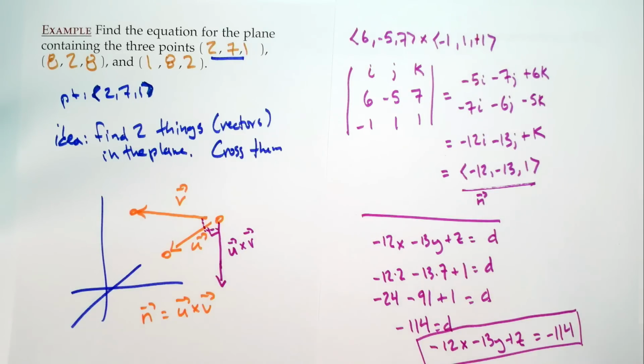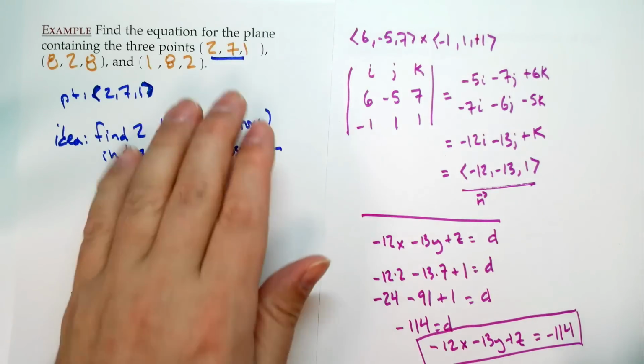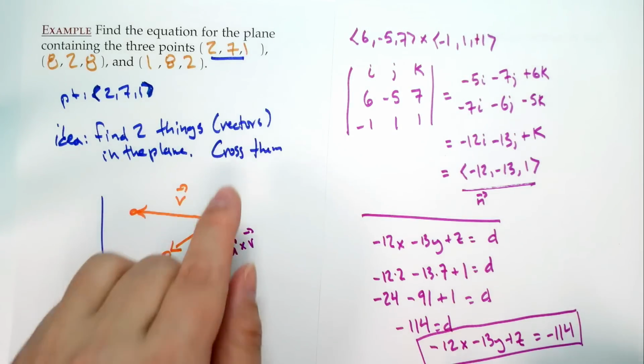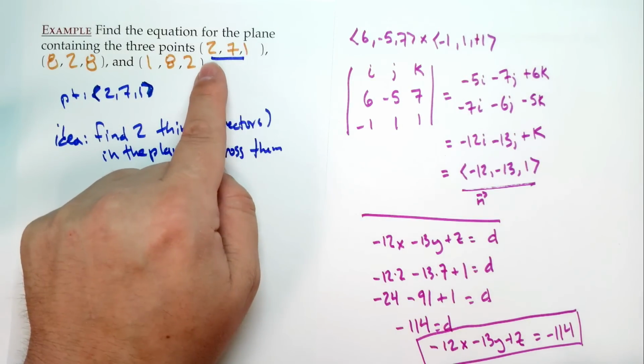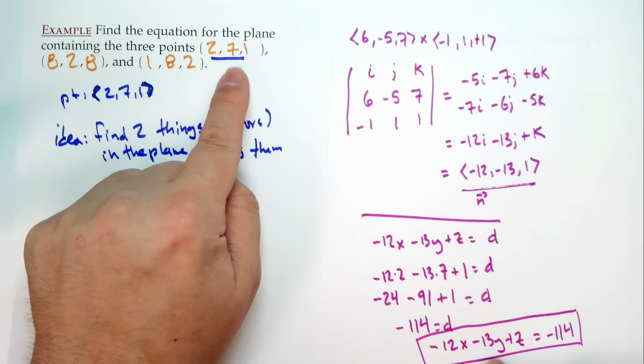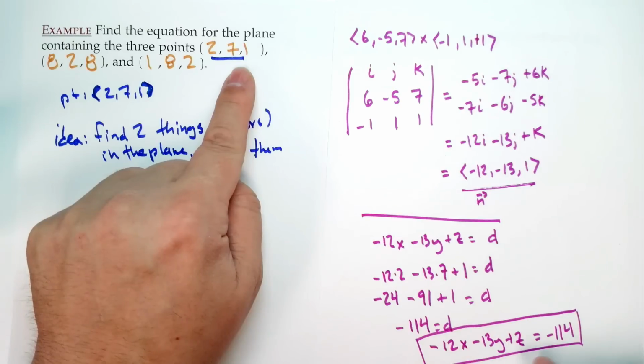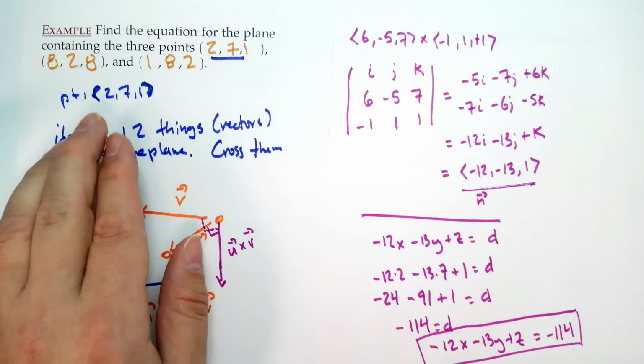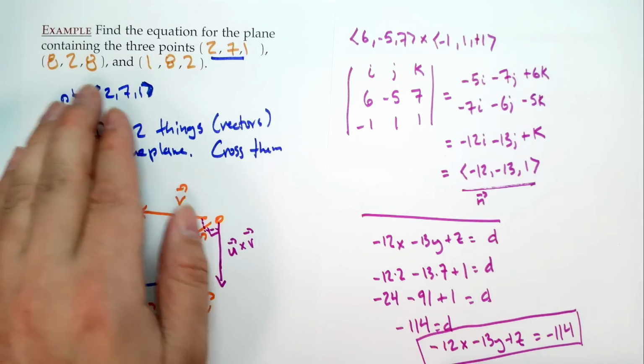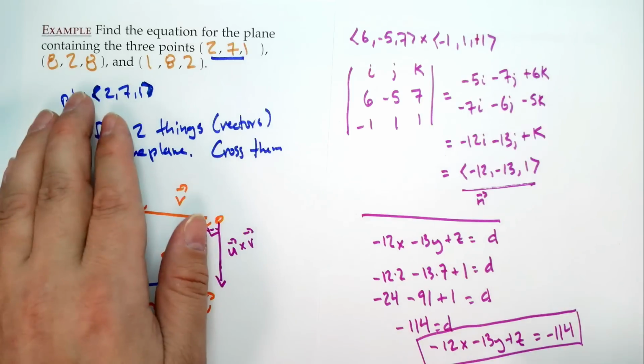Now, how can we check? Well, the plane has to contain these points. It should definitely contain (2,7,1) if we did our math right. Minus 24 minus 91 plus 1. Well, that's minus 114. Now, here's the real test. It should also contain these 2 points.